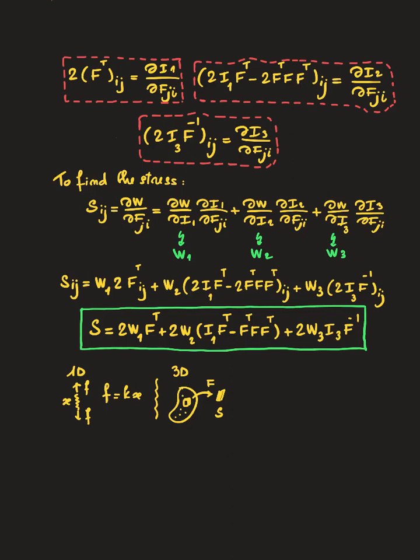So in each point of the body, the constitutive equation relates the state of stress to the state of deformation. The expression in this form takes the name of Hooke's law for hyperelastic materials.